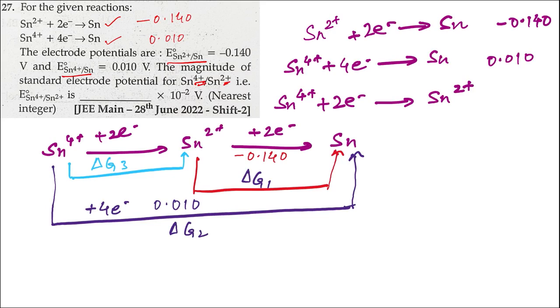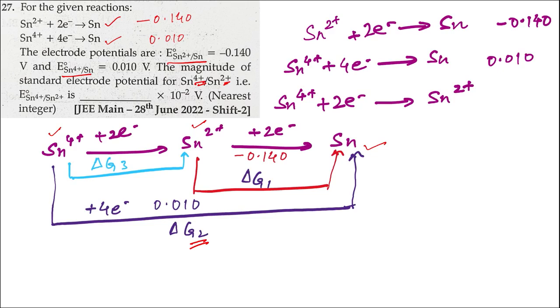Now Sn4+ ion accepting 2 electrons changing into Sn2+ ion, then Sn2+ ion accepting 2 electrons changing into tin. Let the delta G values be delta G3 and delta G1 respectively, and Sn4+ ion changing into tin, the delta G value, let it be delta G2.